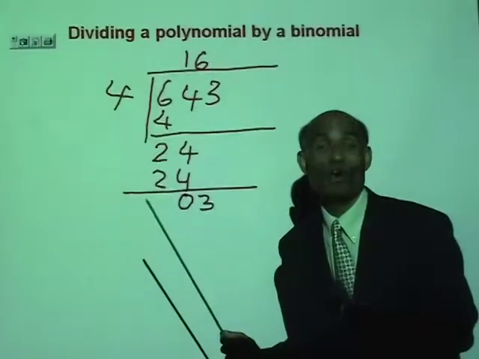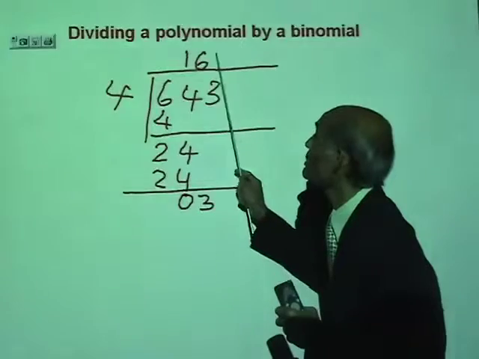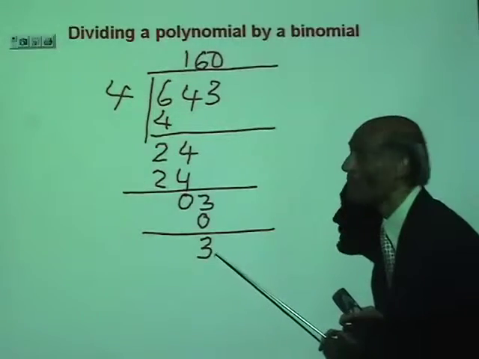Well, 4 cannot go in 3. So we write a 0 there. Alright? That is 0. And now, 0 times 4 is 0. Subtract, you get 3. And there are no more numbers left, and this is what we call the remainder.